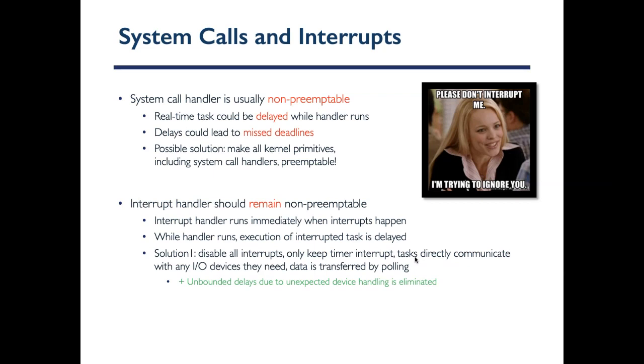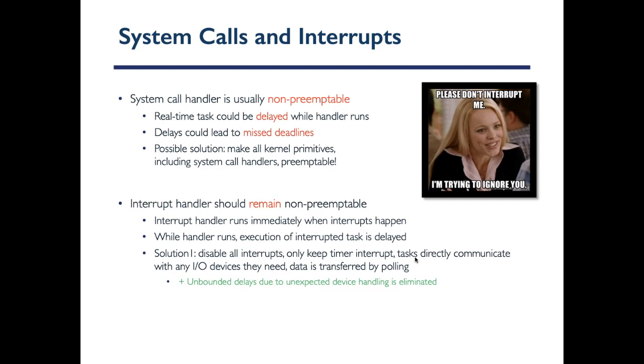So that's not an option here. We can't do that. So what can we do then in this case? The same problems, I'm not going to explain the problems again. I mean, you could imagine why having non-preemptive interrupt handlers would cause unpredictability in your system.